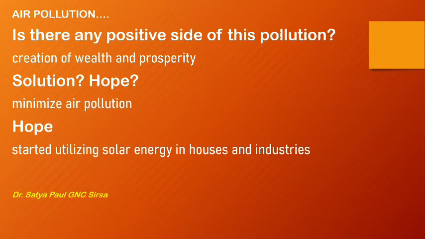It was in the news only the day before yesterday that the government is encouraging electricity-driven vehicles rather than petrol or diesel driven bikes and cars. So the government is thinking about it, people are thinking about it, people are going for solar energy more and more. Herein lies the hope. Hopefully in future air pollution will decrease.